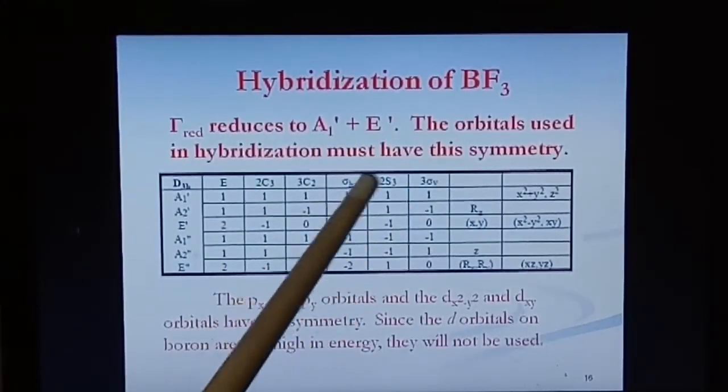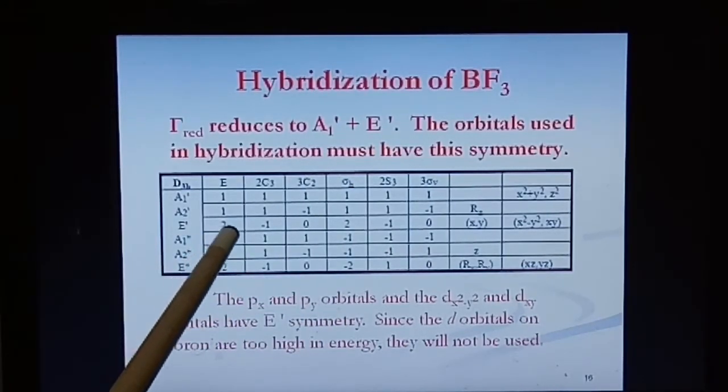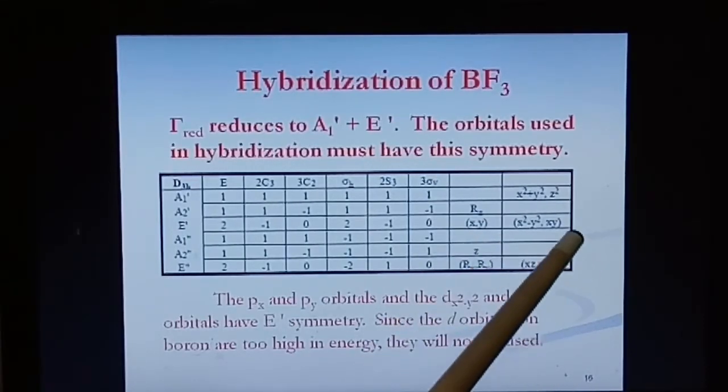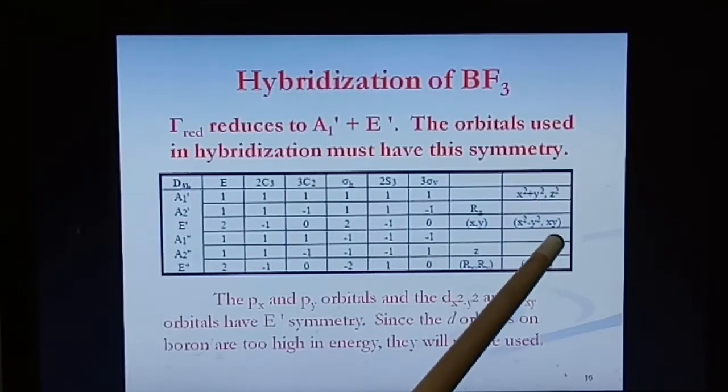Now for the E', the px and py orbitals and the dx²−y² and dxy orbitals have E' symmetry. So in E' symmetry, this (x, y) is px, py and this is dx²−y² and dxy.